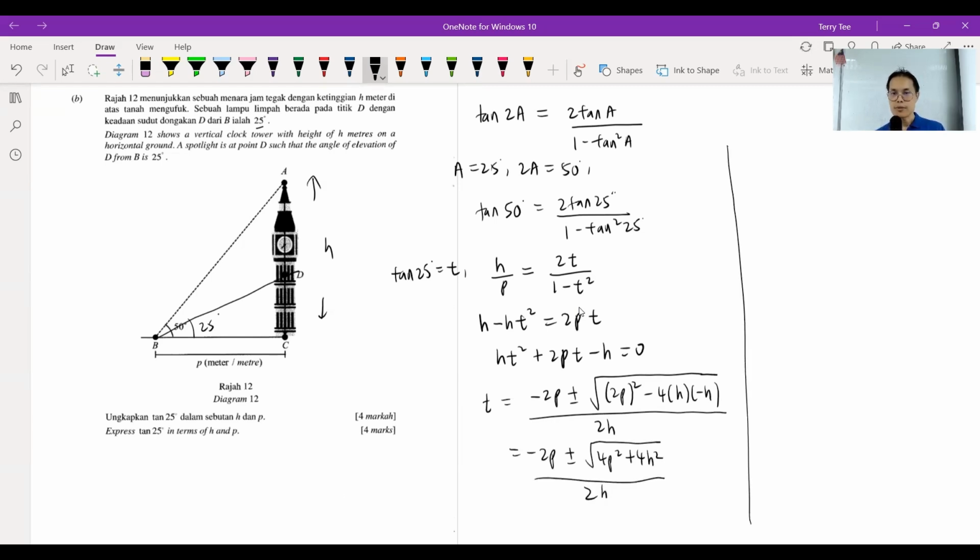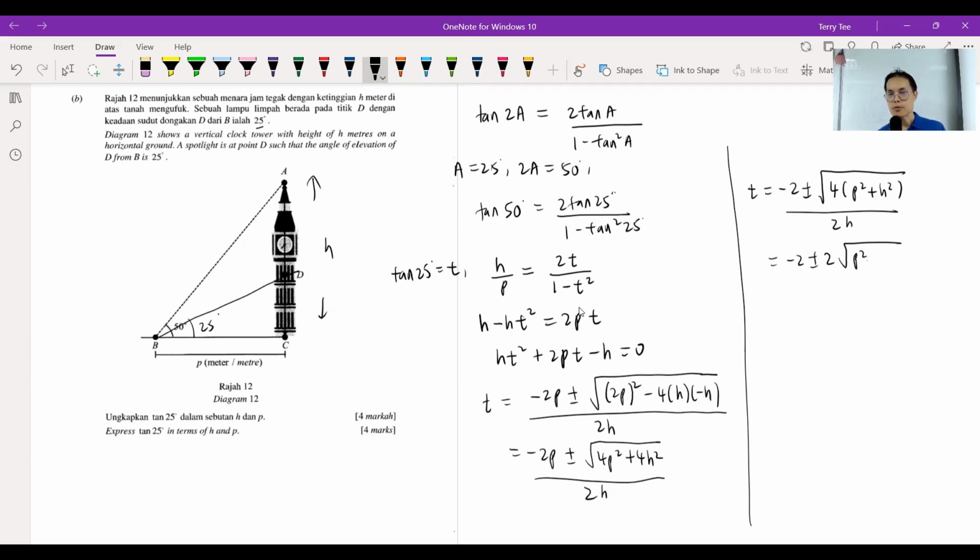Now, since I can simplify further, you notice we can take out the 4 from the square root. Yeah, maybe I do very slowly. This is 4 times p squared plus h squared, divide 2h. Square root of 4 is 2.